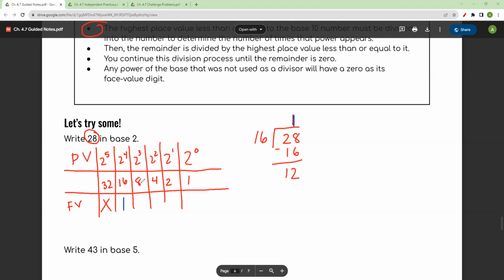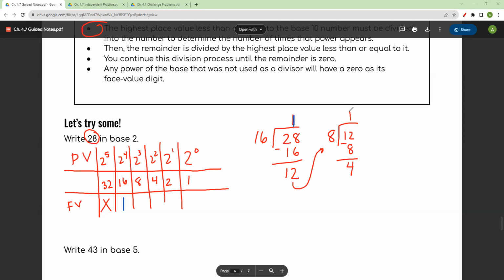Now we move to the next column. Now we bring our 12 up here, and we're going to divide it by 8. How many times does 8 go into 12? Once, multiply, and we get 4.